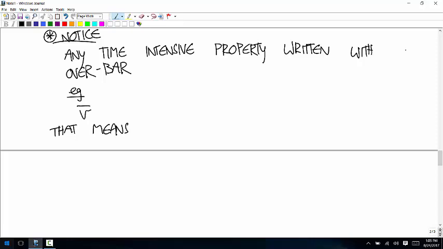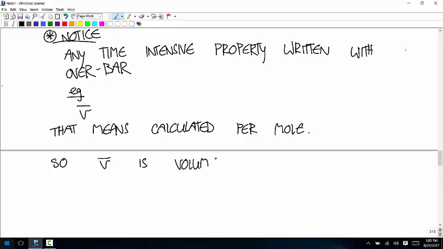So the unit that you're calculating per unit is moles. So lowercase v with an overbar is volume per mole.